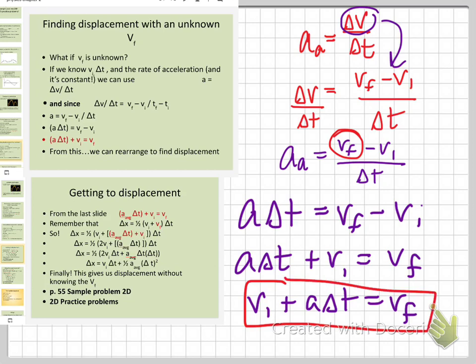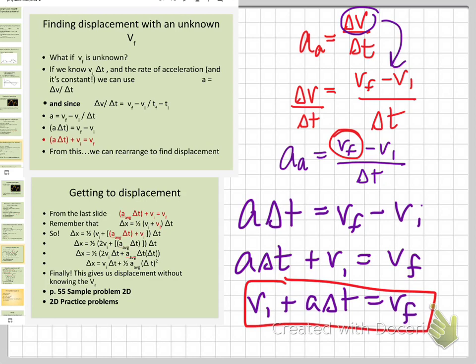I always like this one because it's one of the kinematics equations that you can look at and think logically about and realize that, oh, well, how fast you end up going is equal to how fast you started off going plus how long you accelerated. Oh, it's just logic. So it's actually an easy one to remember. Okay, so we've got that.